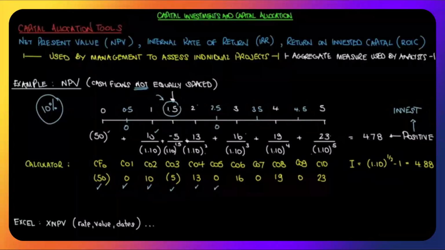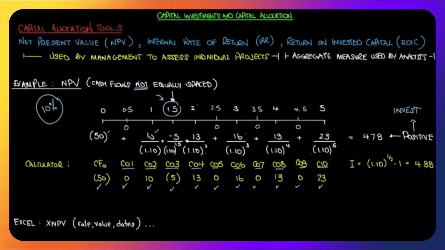There was no cash flow at 2.5, the 16 at 3, no cash flow at 3.5, 19 at 4, no cash flow at 4.5, 23 at 5. I have all my cash flows, but I'm working in half periods. So they're going to be called 1 for that 0.5, 2.5 periods, 3.5 periods for 1.5, and so on. Dump all of those cash flows in.